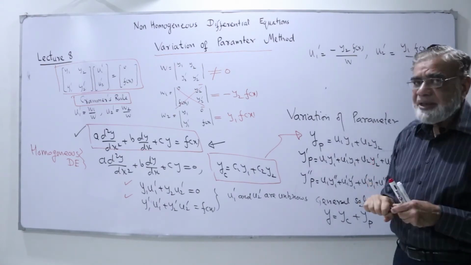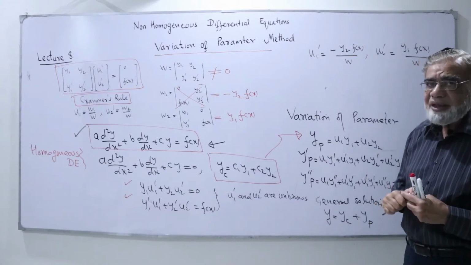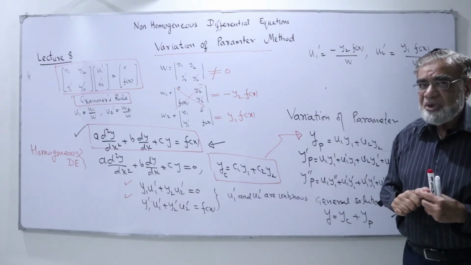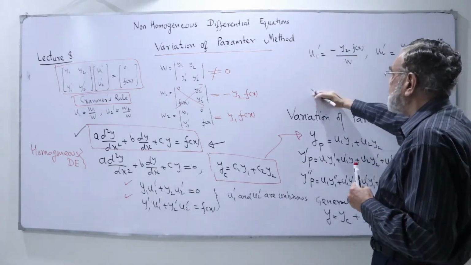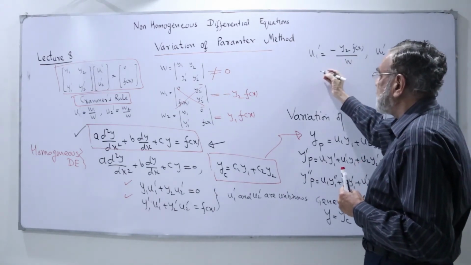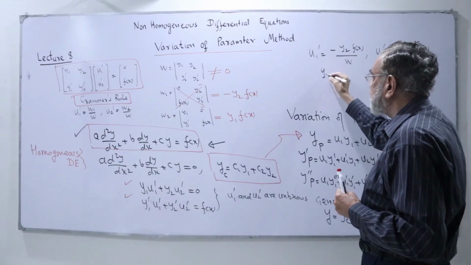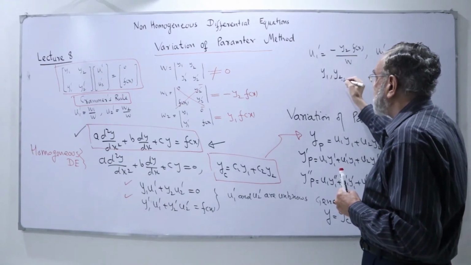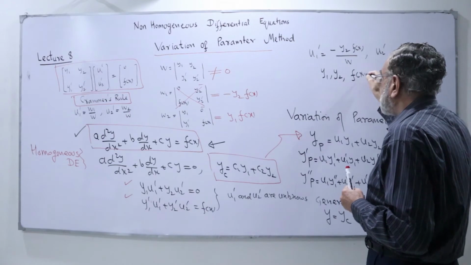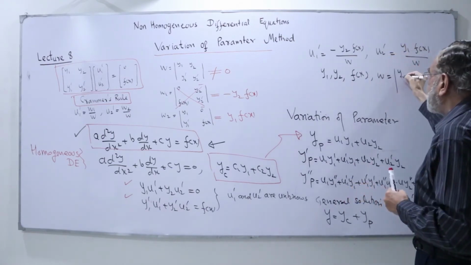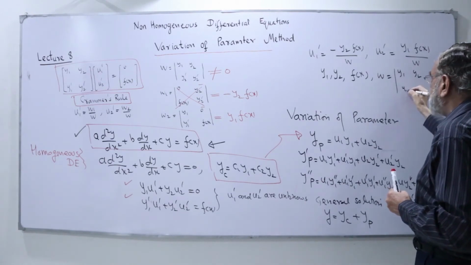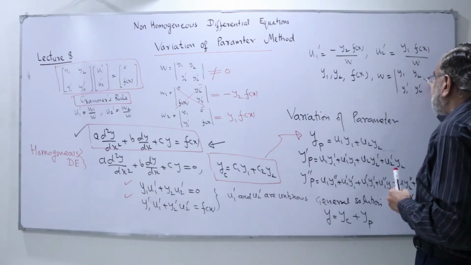We can just remember that if we have u1, then we have minus y2, and when we have u2, we have y1. So to find u1 and u2, we integrate. What do we need? We need y1, we need y2, we are given f of x, and we find W, where W is the Wronskian, y1, y2, y1 dash, y2 dash.